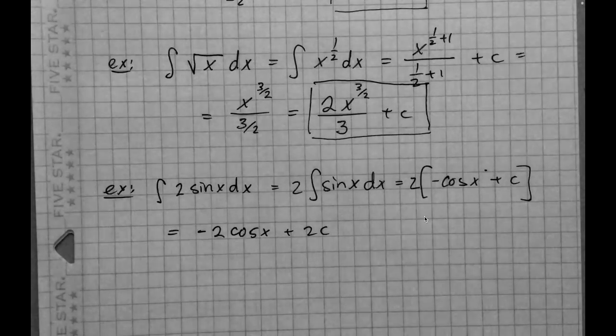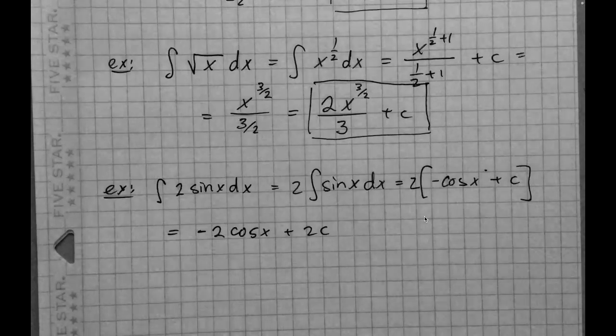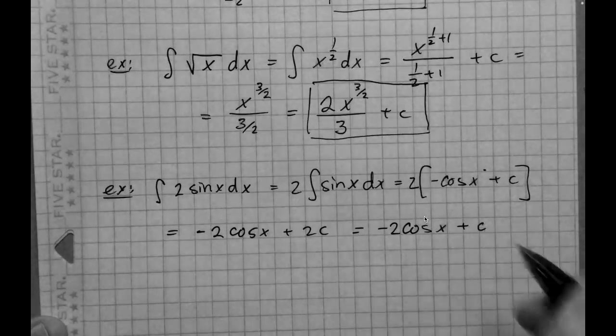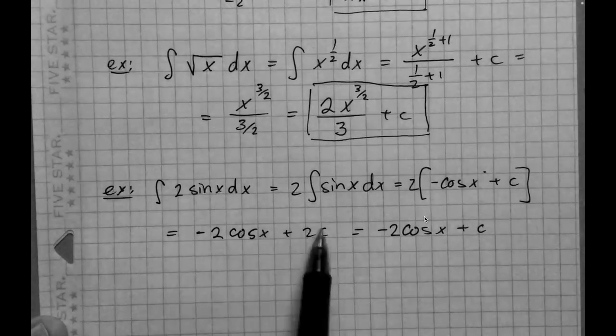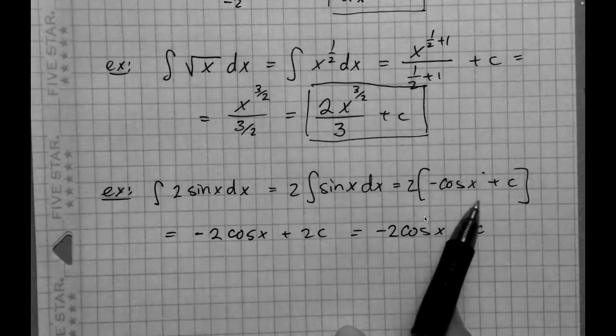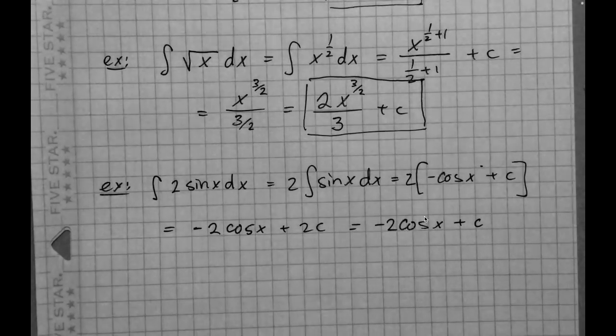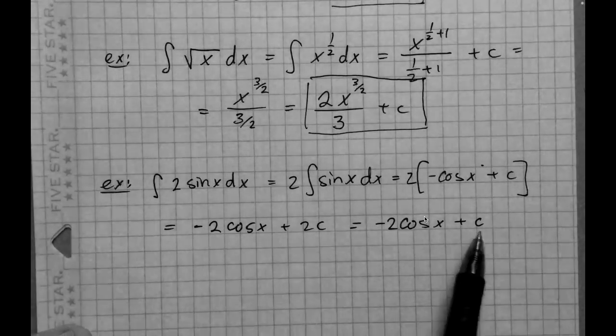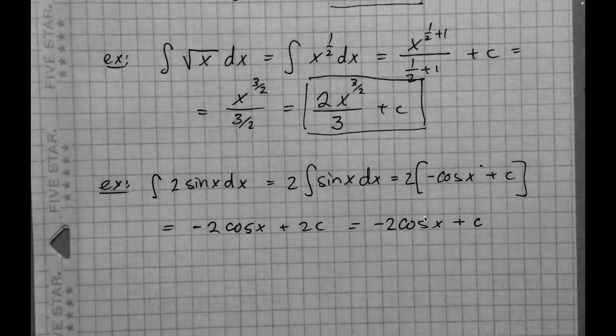Notice that 2c can really be any constant, so we don't usually retain the 2 times c in these expressions. We would instead write this as just negative 2 cos x plus c. Technically you would distribute that 2 into the c, but at the end you would say, well, a constant's a constant. It's a stand-in for a range of values, so there's no reason to write 2 times c. Just plain old plus c is fine. Okay.